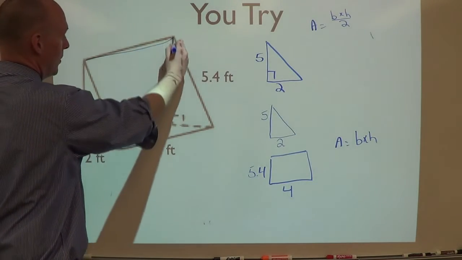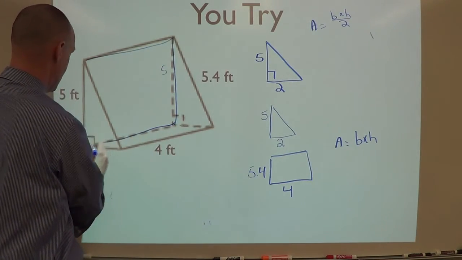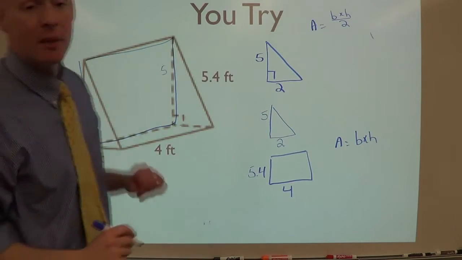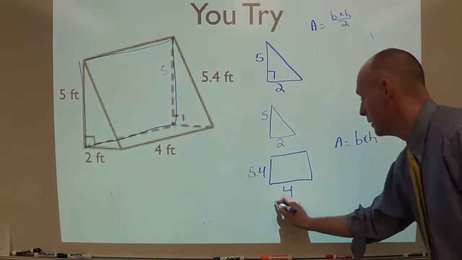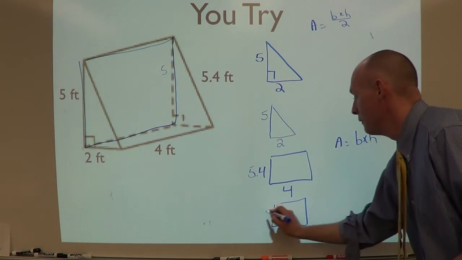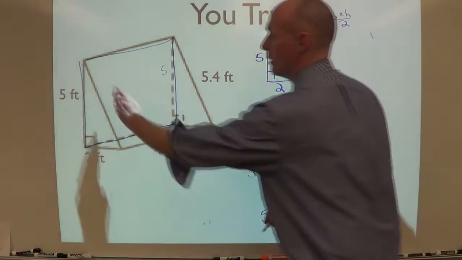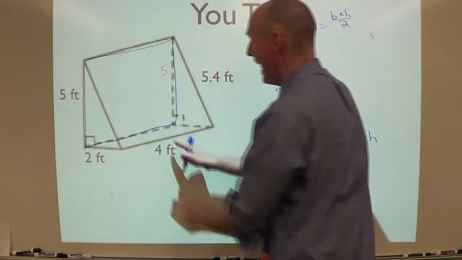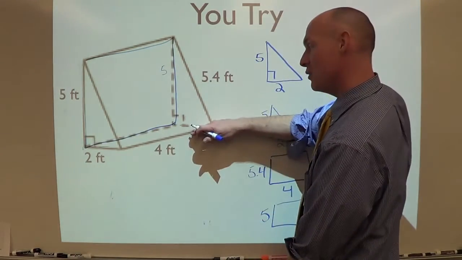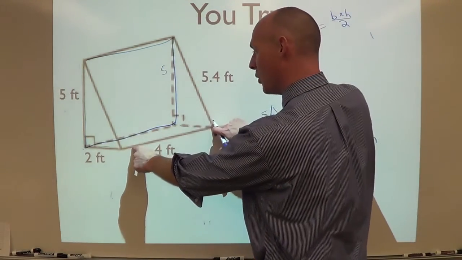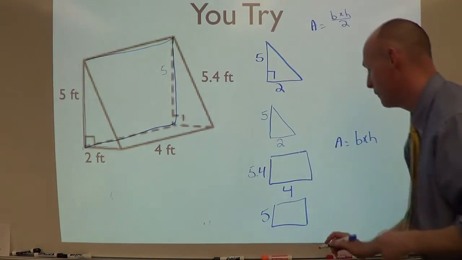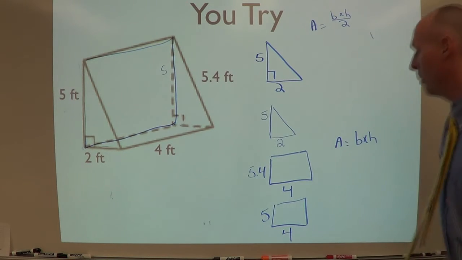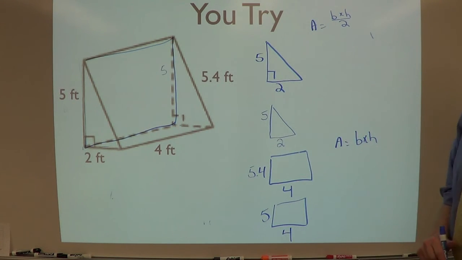We're going to do this back one here. And look at the measurements for the back one. I have 5. Here it is. And then notice how that line is 4? Well, if that line is 4, then the corresponding opposite side is also going to be 4. Perfect.